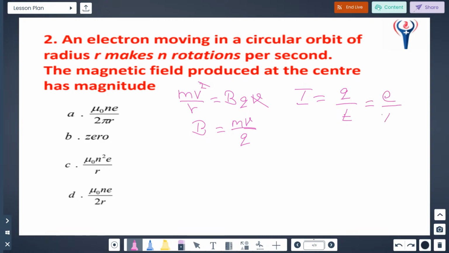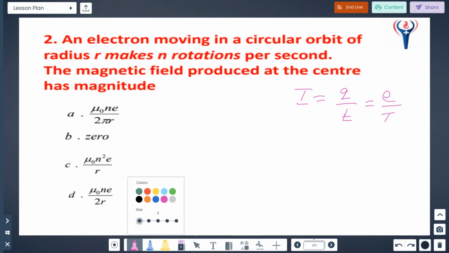And T is capital T. And from this we can use another method, that is B equal to mu naught I by 2 R, and I equal to e by T.